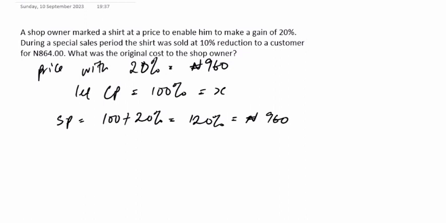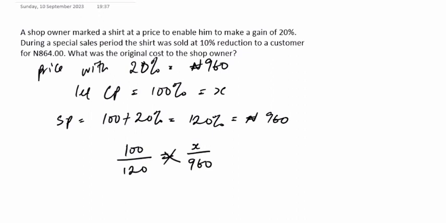So we can go back to the way we did the previous one in order to get the cost price we are looking for. It depends on how we arrange the percentage. We can say that our 100%, which is cost price, over selling price, which is 120, equals x over 960, which is the selling price.